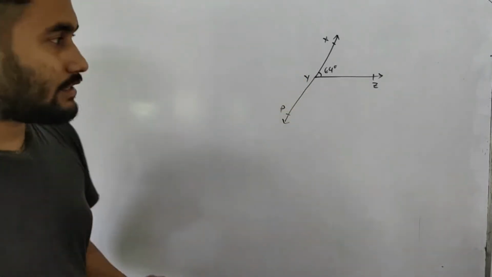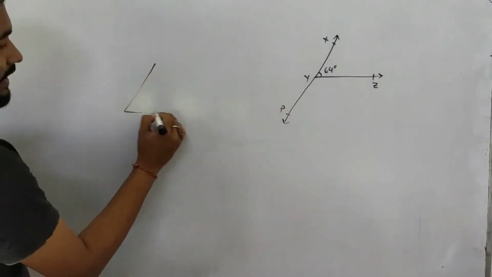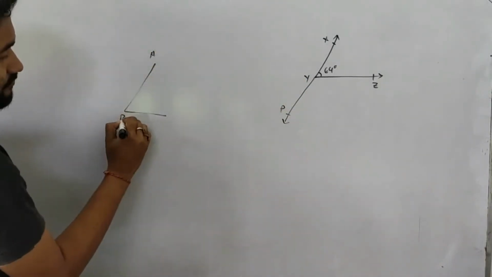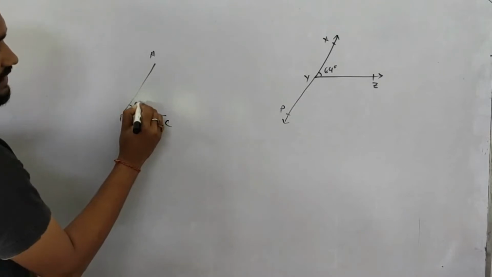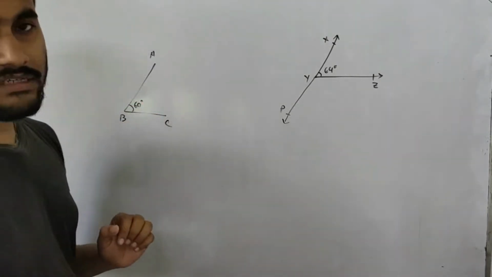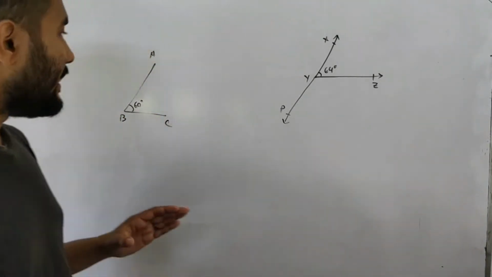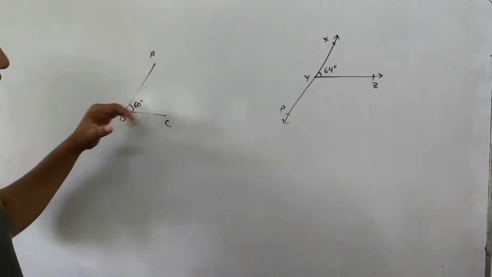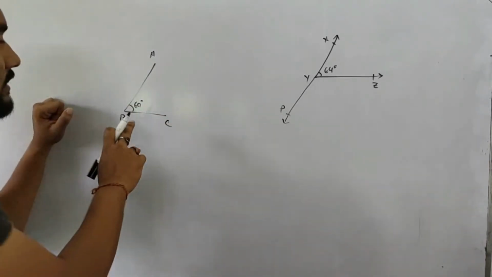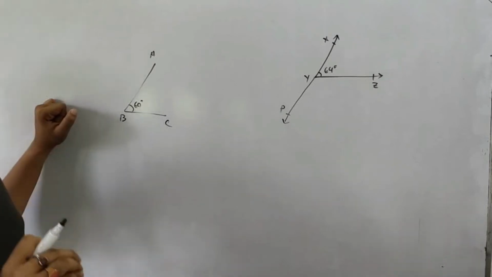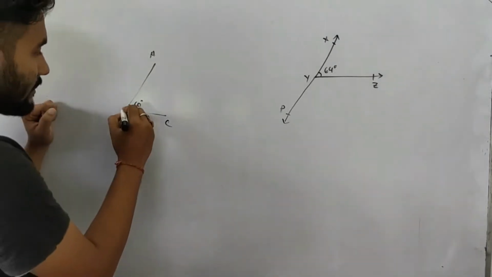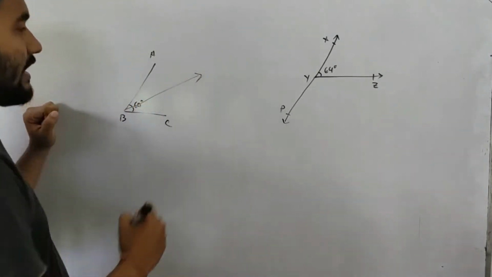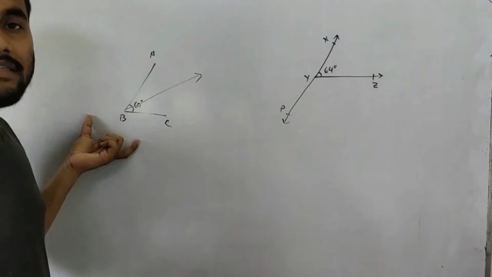Now what is bisect? See, say this is an angle ABC. Say it is 60 degrees. This angle measurement is 60 degrees. And if I say a ray bisects this angle, or this angle is bisected by a ray, what does that mean? Say this is the ray which has bisected this angle.